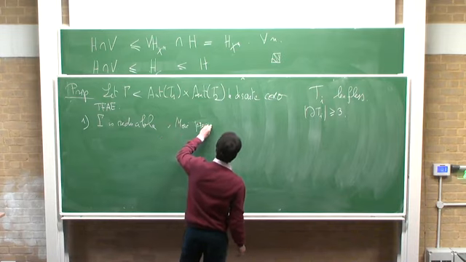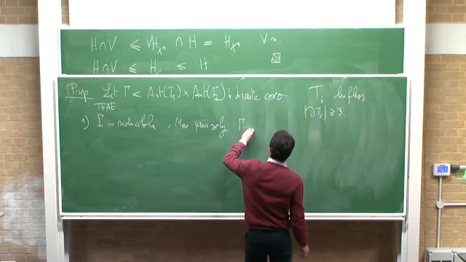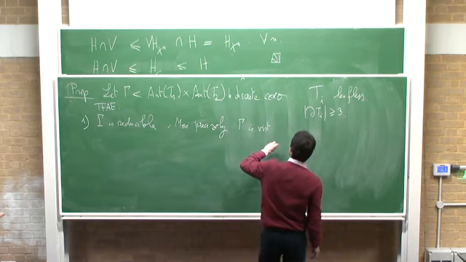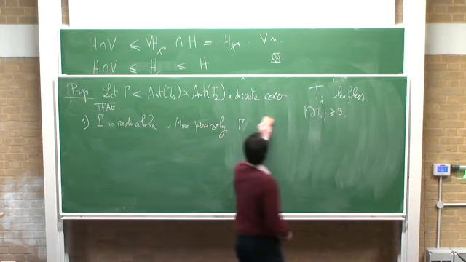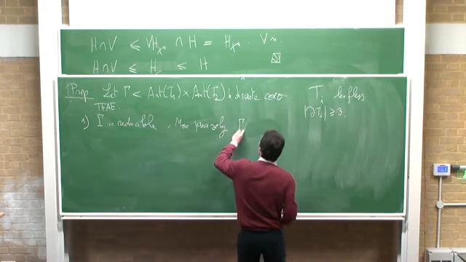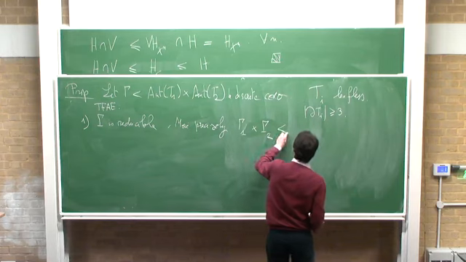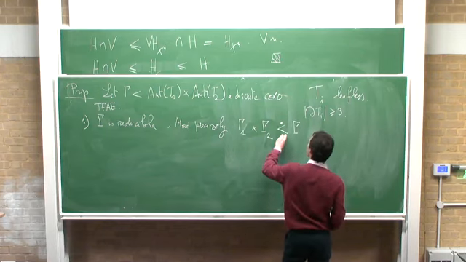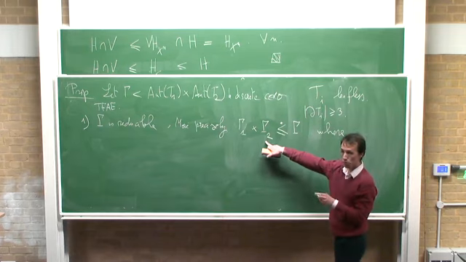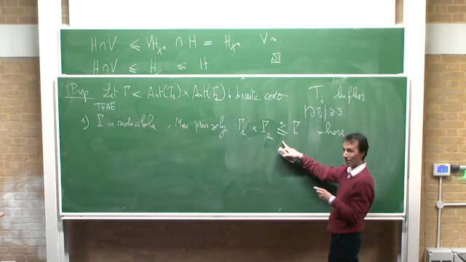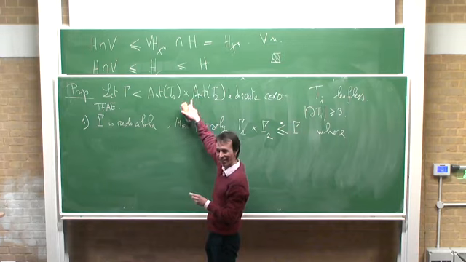Gamma is virtually, so let me take a shortcut here, gamma 1 cross gamma 2 is of finite index in gamma, so gamma will be virtually a product, and the two factors in this product are the two kernels of the projection.